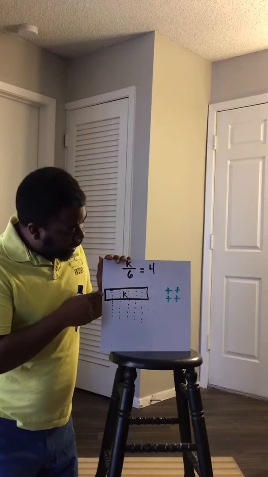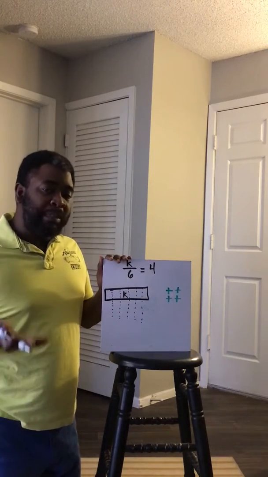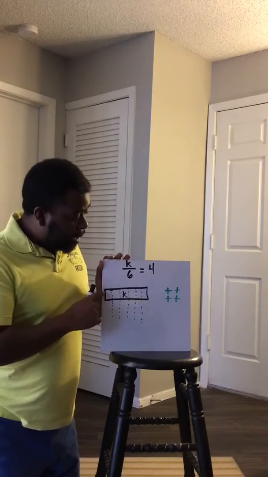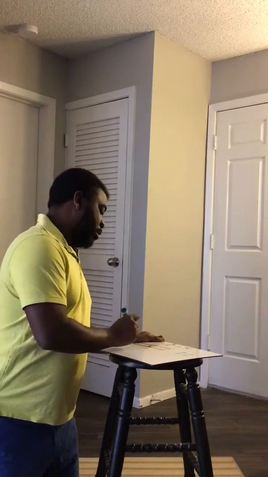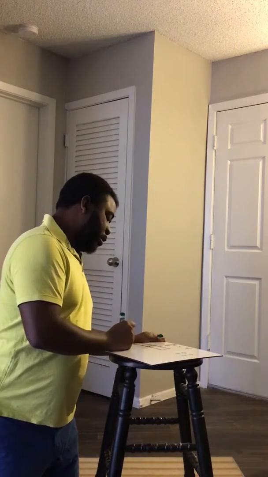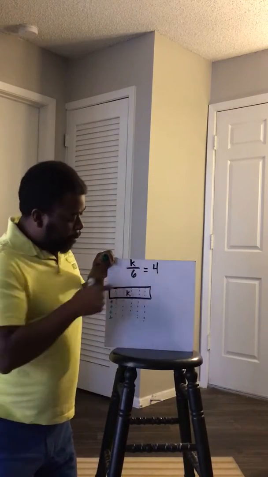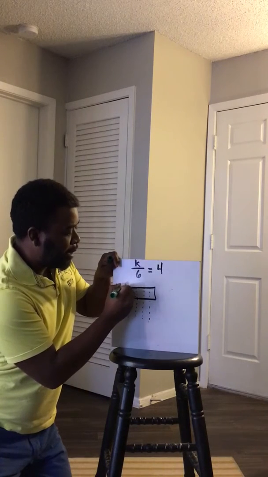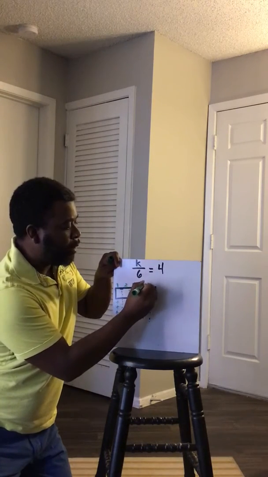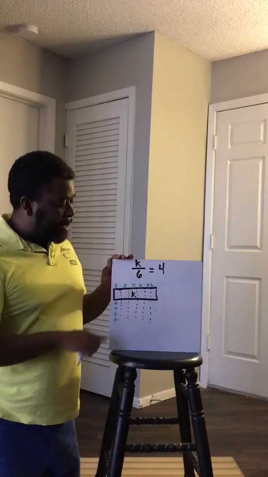So I took my variable k and I split it into 1, 2, 3, 4, 5, 6 equal sections. And one of those sections is equal to positive 4. So I'm going to take these 4 and put it into one of my sections. Let's call this section 1. We have section 2, 3, 4, 5, 6.